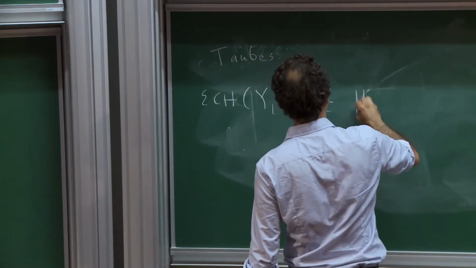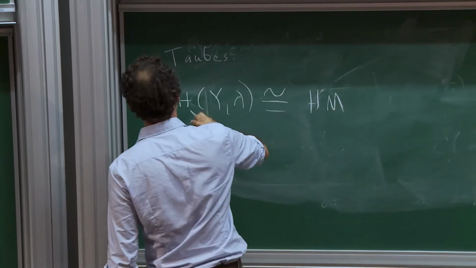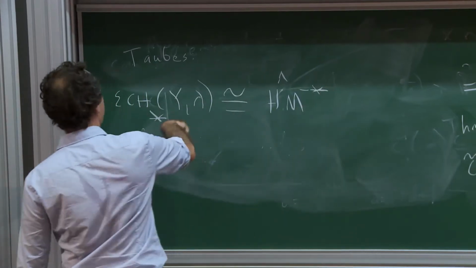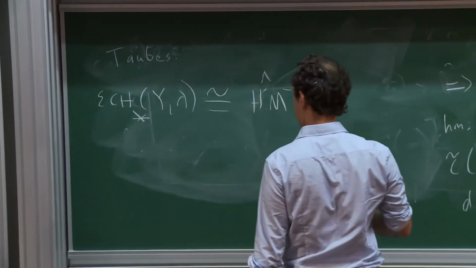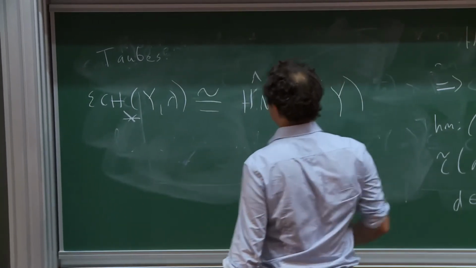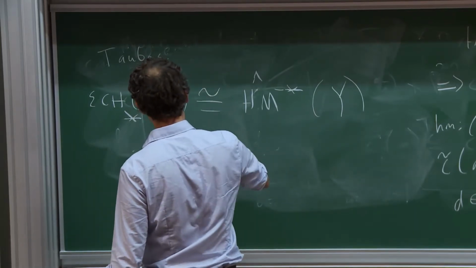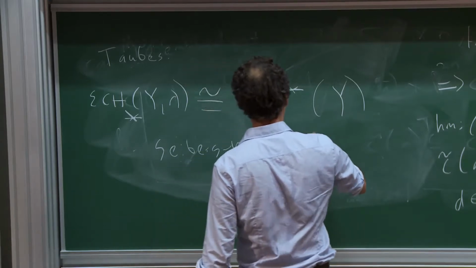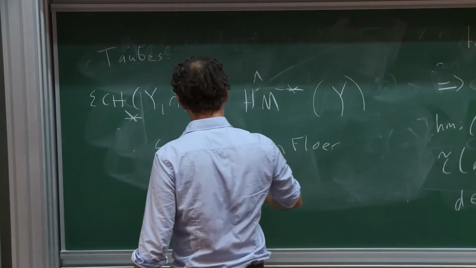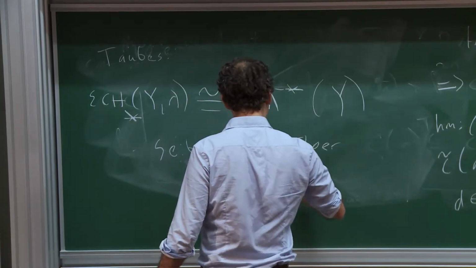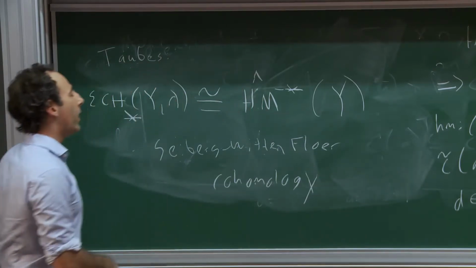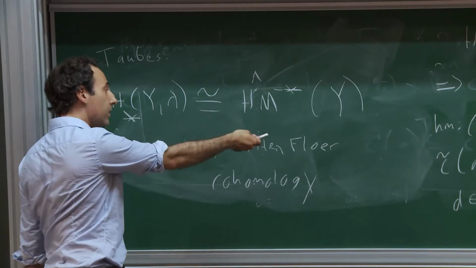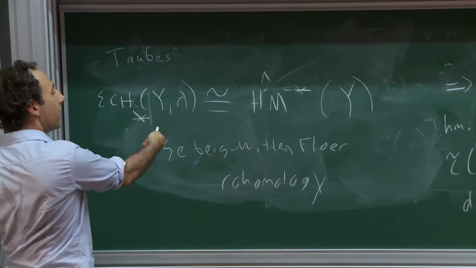This star here is just some grading business, which we don't really want to talk about. So this is the Seiberg-Witten Floer cohomology. I don't want to say much about this, but this is a gauge theory. It also only depends on the three-manifold Y and not on the contact form.